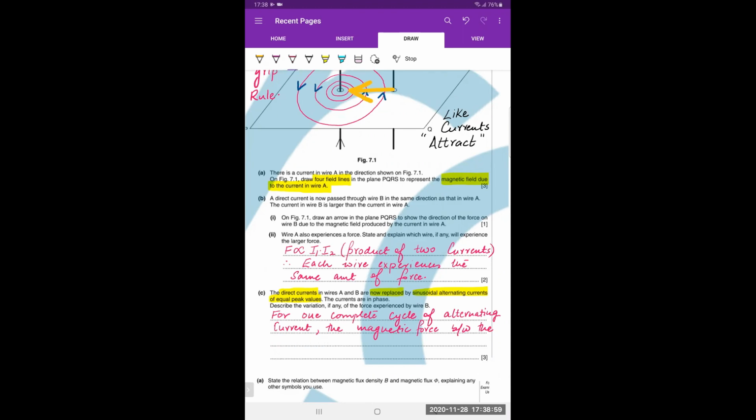The magnetic force between the wires varies between maximum and zero twice.